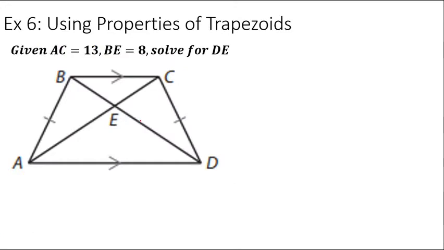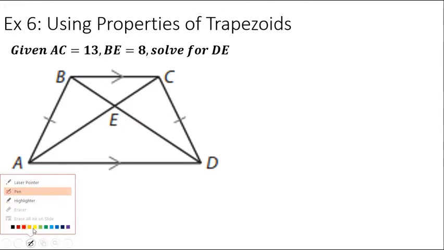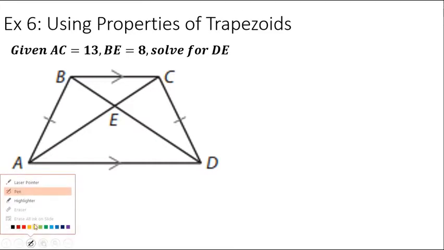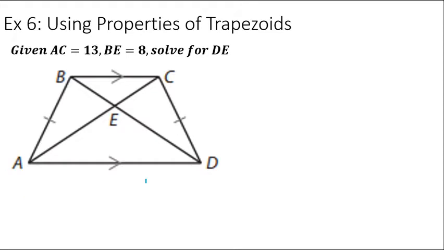Okay, example 6. Again, using properties of trapezoids. So this is an isosceles trapezoid. Okay. So they give us AC is 13. So AC is this whole thing right here.